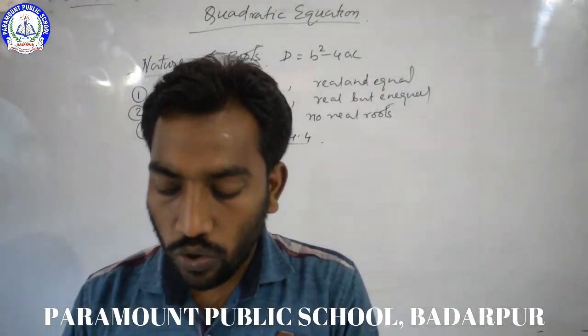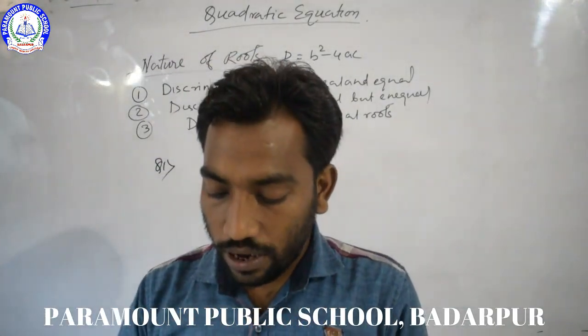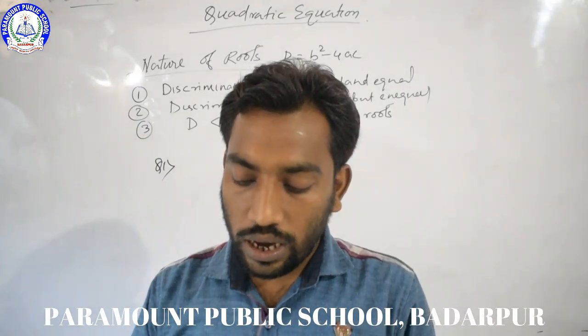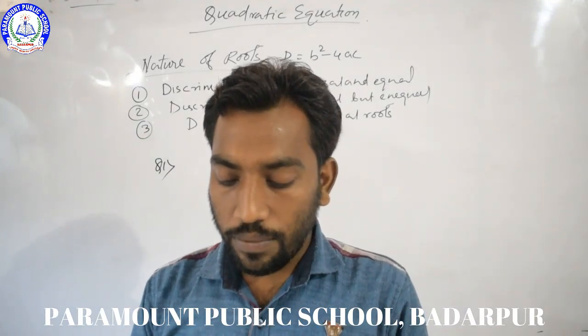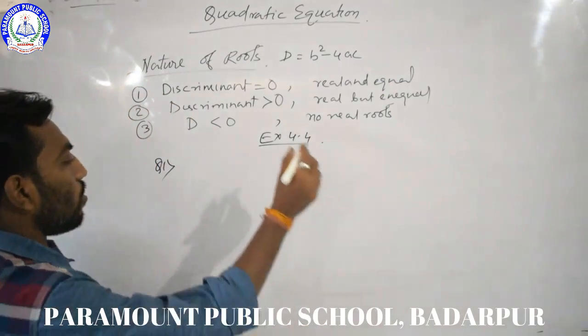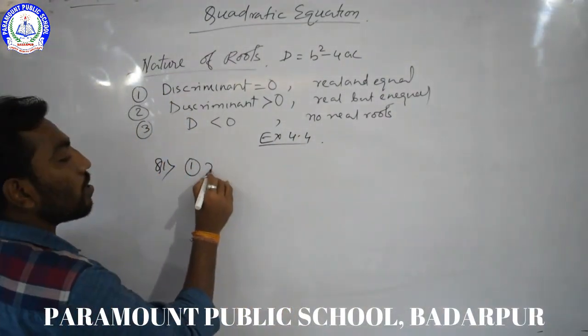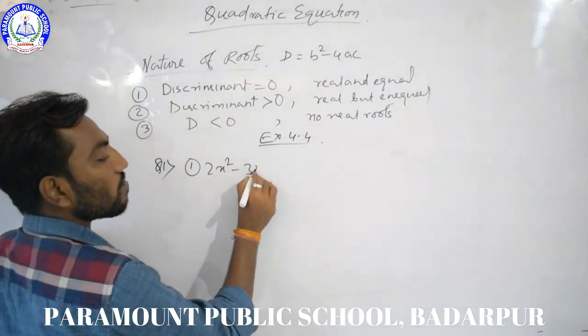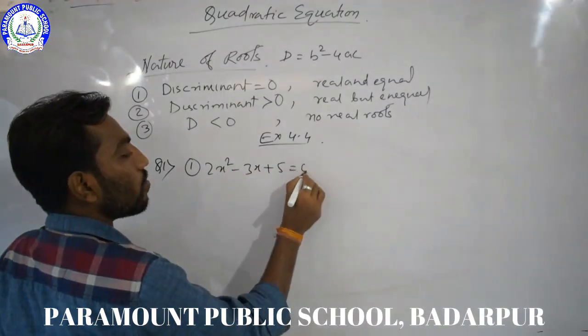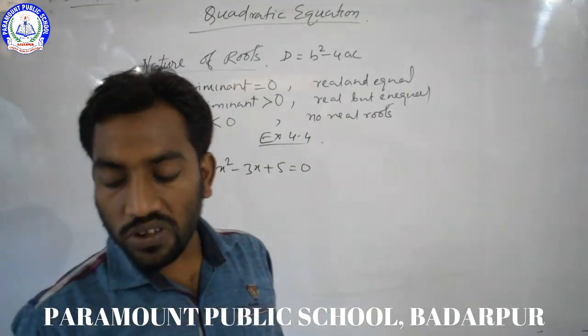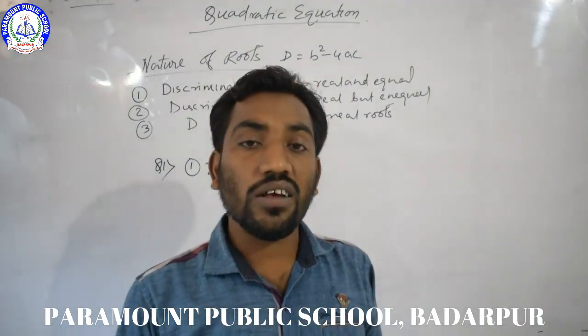Find the nature of the roots of the quadratic equation. If the real roots exist, find them. So what is our question? Number 1. 2x square minus 3x plus 5 is equal to 0. In the question they are asking to find the nature of the roots.